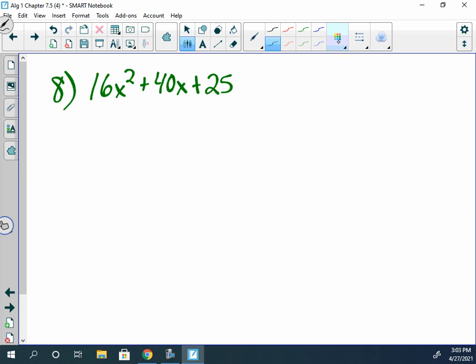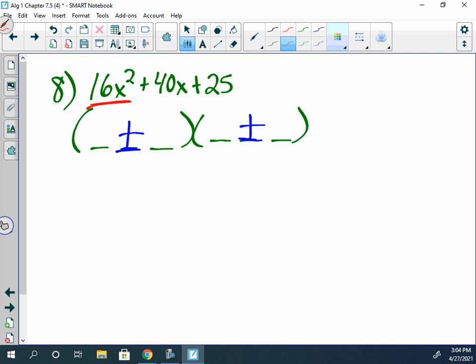Well, there's not going to be a greatest common factor between these three terms here, so we can go on and start off with our signs. The third term is positive, so the signs are the same and they match the sign of the middle term, which is positive, so the signs are both positive. Now we need to find the factors of the first and third term.